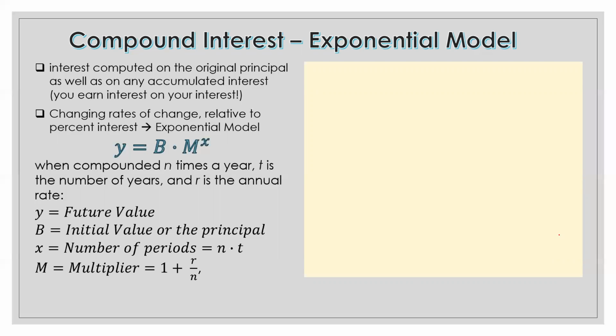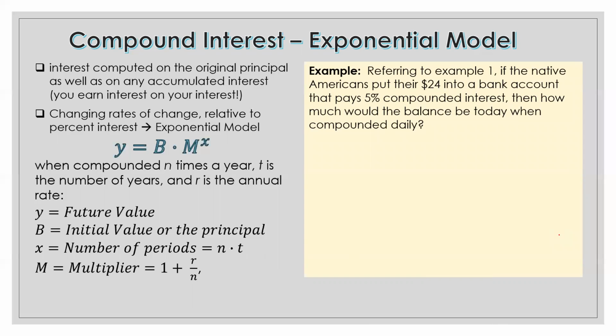Okay. So here, let's take a look at an example. The same example as before, that $24 from the Native Americans. Let's say this time, instead of simple interest, it would be compounded interest, and it will be compounded daily. In banking terms, daily means 360 days.